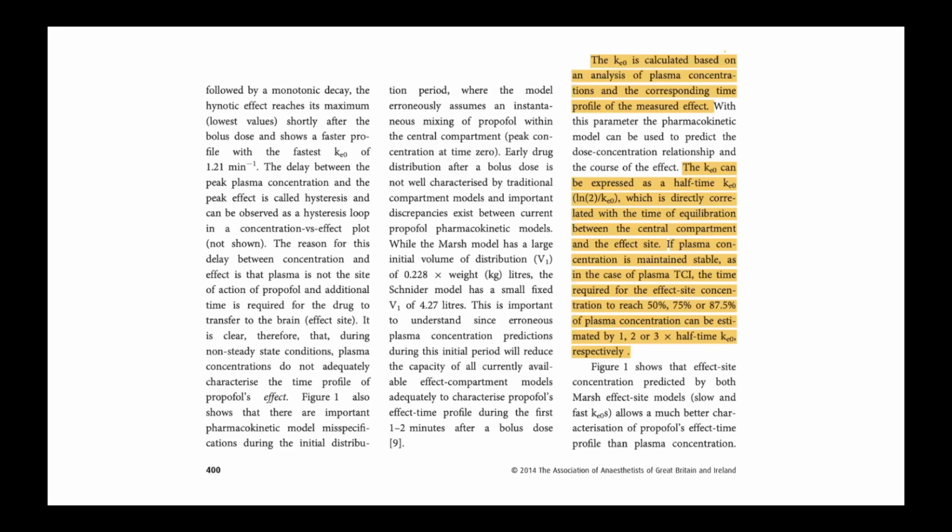In other words, if plasma concentration is maintained stable, as in the case of plasma TCI, the time required for the effect site concentration to reach 50, 75, or 87.5% of plasma concentration can be estimated by 1, 2, or 3 multiplied by the half-life KEO respectively.